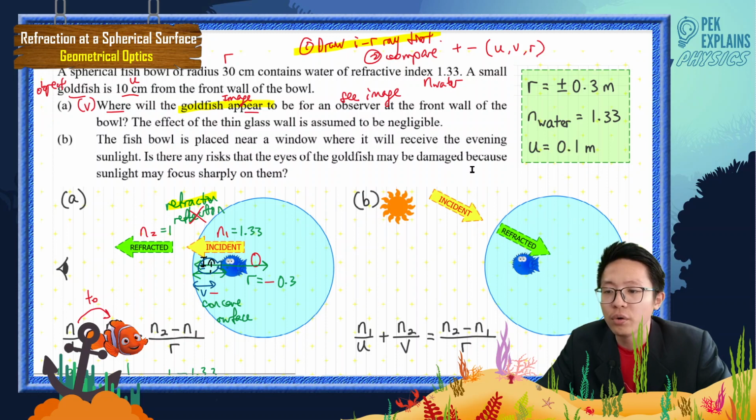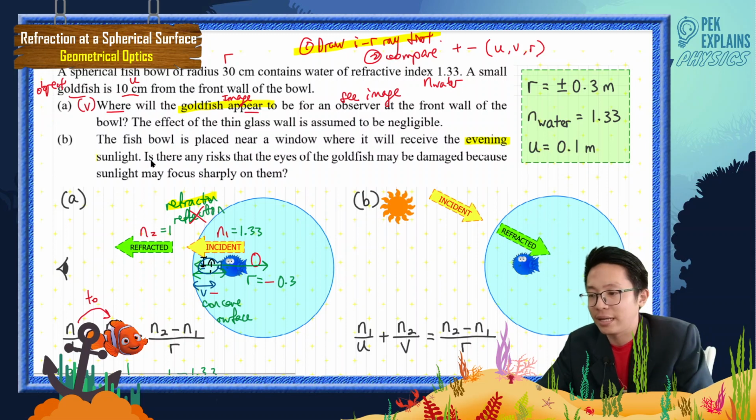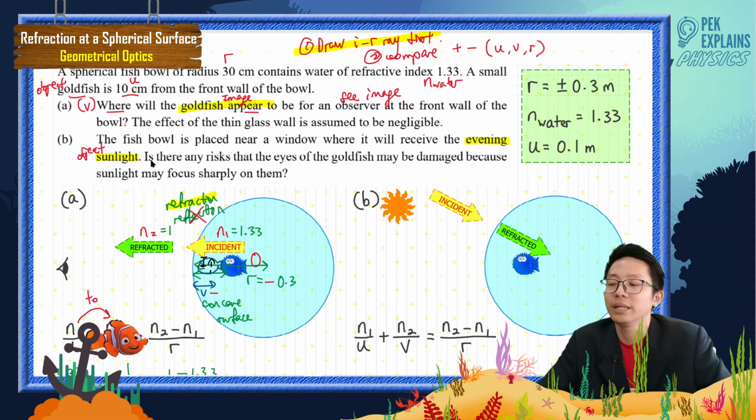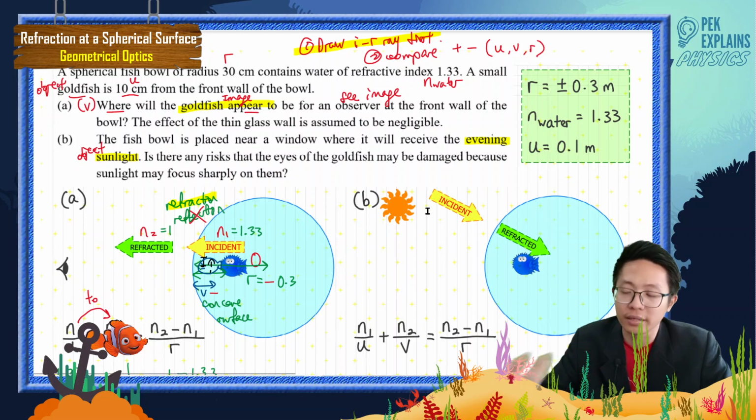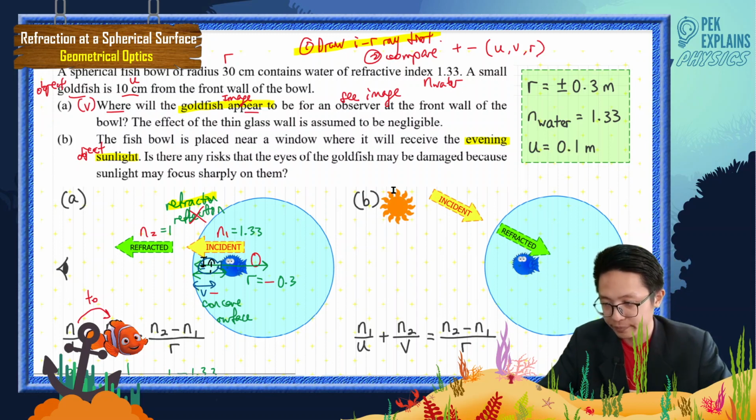The object is the evening sunlight outside the fishbowl, outside the aquarium. The sunlight is the object now.